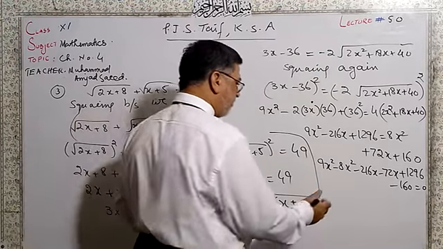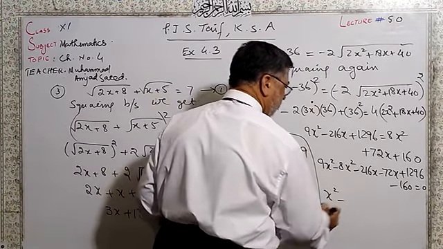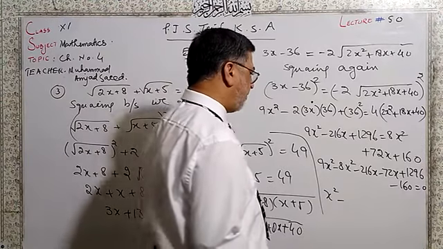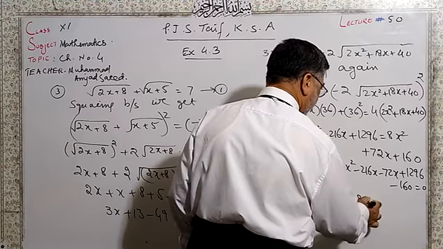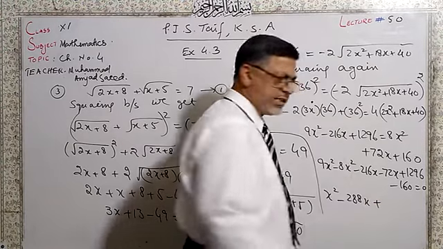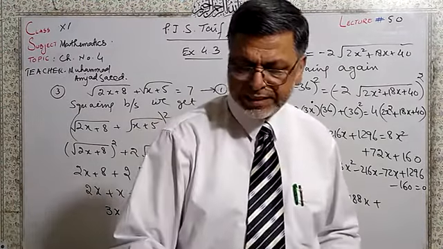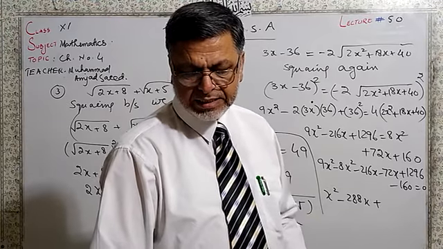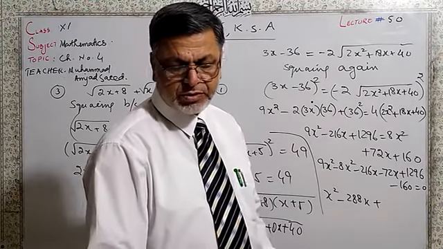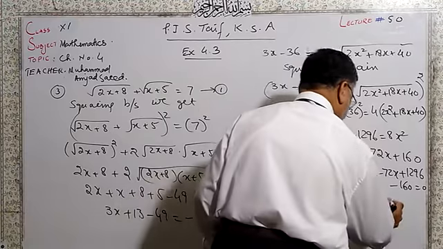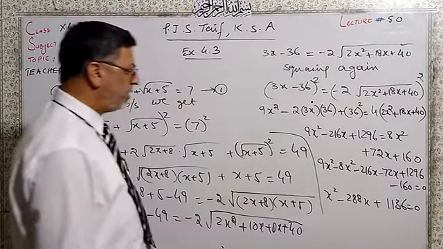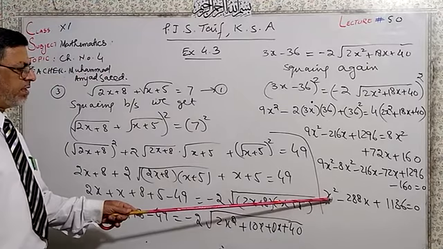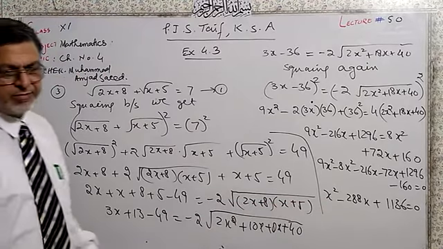Dear students, we are left with x square minus 288x plus 1296 minus 160, that will be 1136, is equal to 0. Now we have a standard quadratic equation.